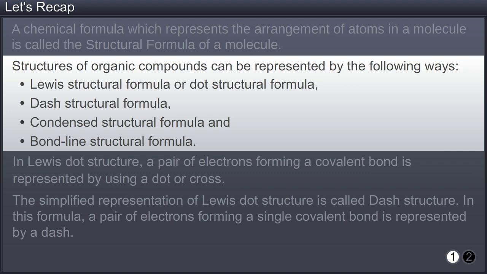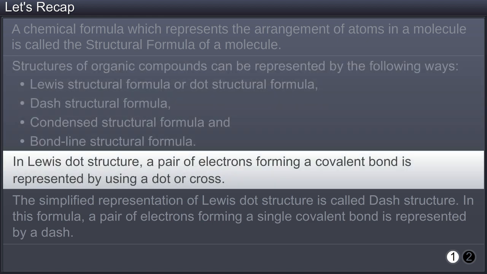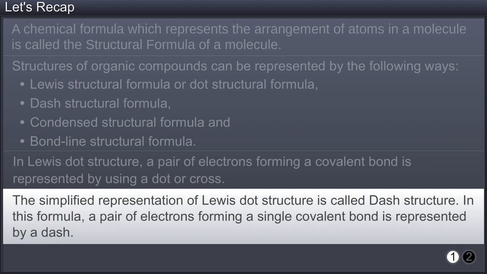In Lewis dot structure, a pair of electrons forming a covalent bond is represented by using a dot or cross. The simplified representation of Lewis dot structure is called dash structure.